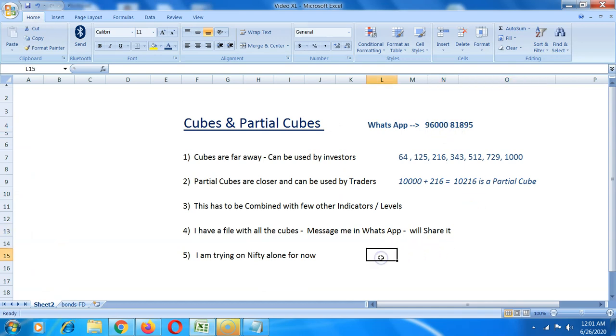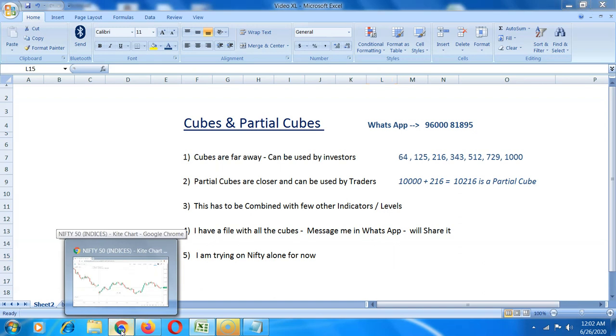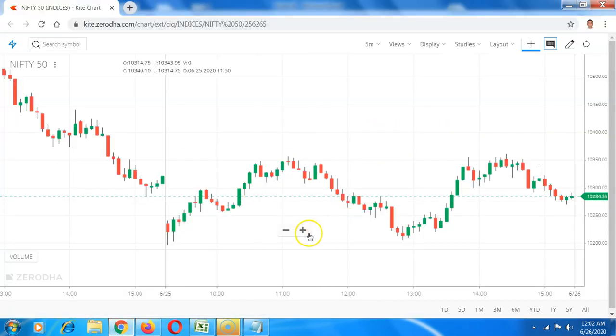Currently I'm trying this only on Nifty, though you could apply this on anything else as well. I'm mostly trying to trade only on Nifty and Bank Nifty. While I'm tracking this on Nifty, I may execute the trade on Bank Nifty also. Depending on other things, like intraday, I may look at Dow futures and a few other things that keep changing from time to time. So let me show you today's chart.